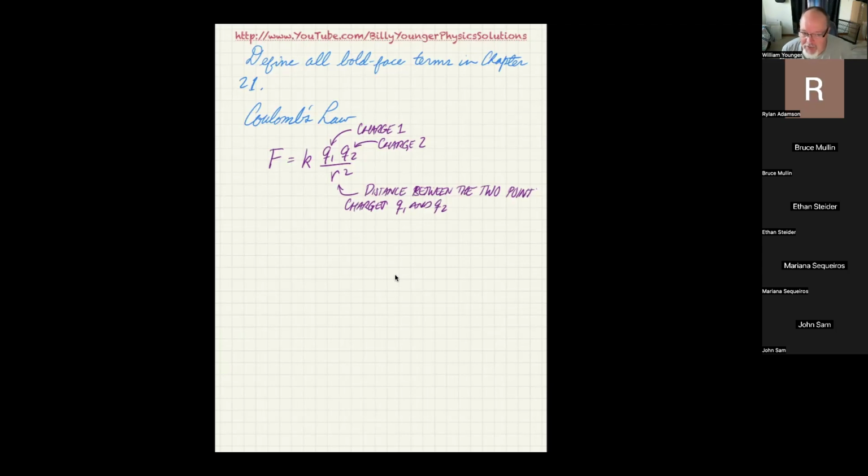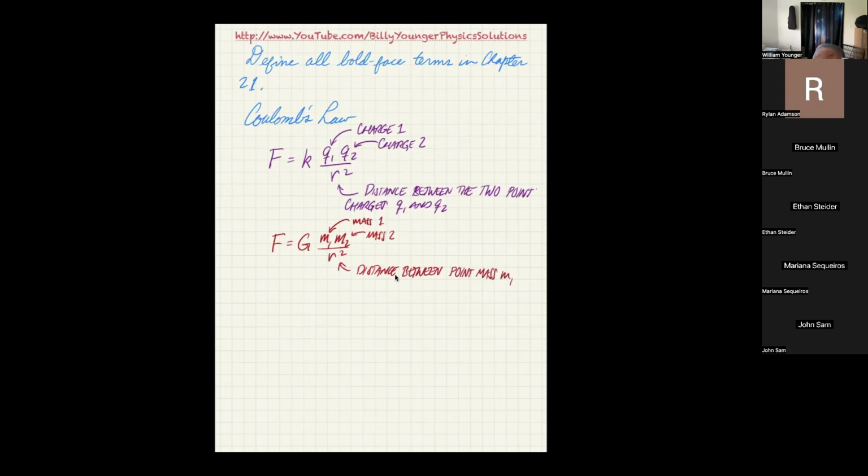What I want you to recognize in this is that it looks exactly like Newton's law of gravity, which says F is equal to G M1 M2 over R squared, where this is mass 1 and this is mass 2, and this is the distance between point mass M1 and point mass M2.